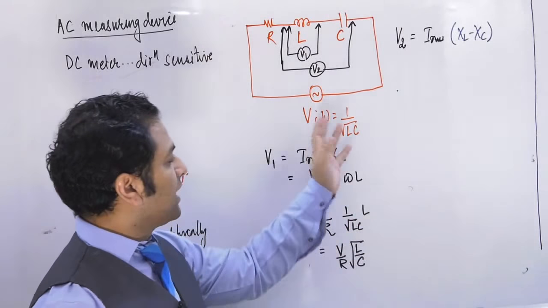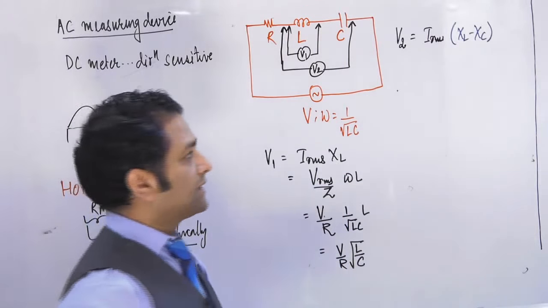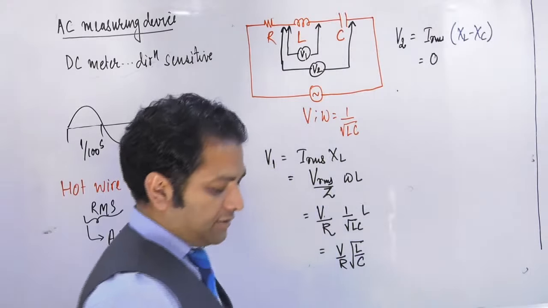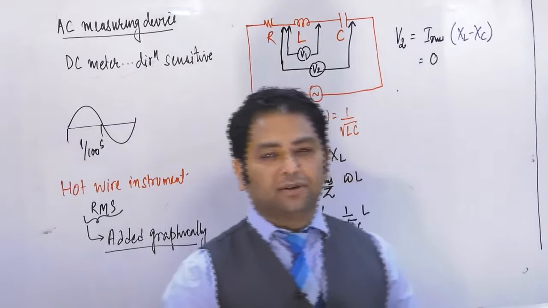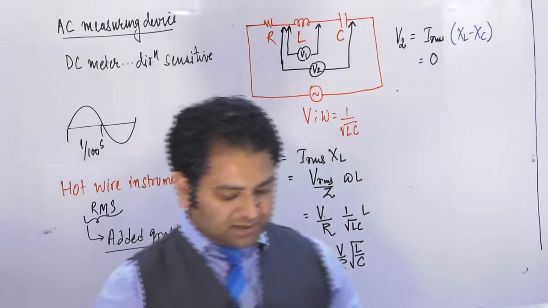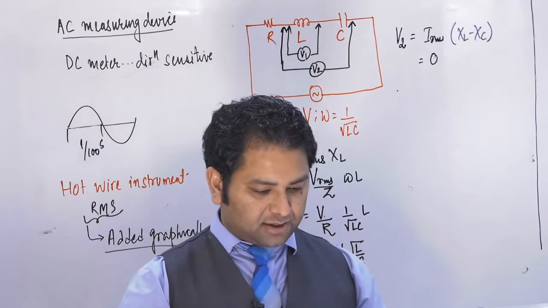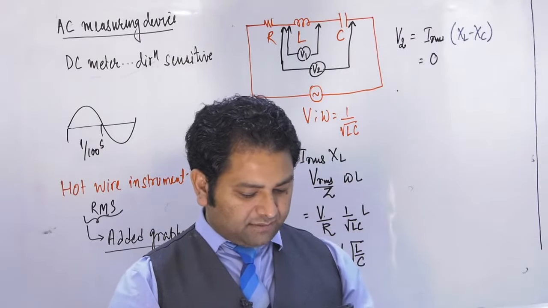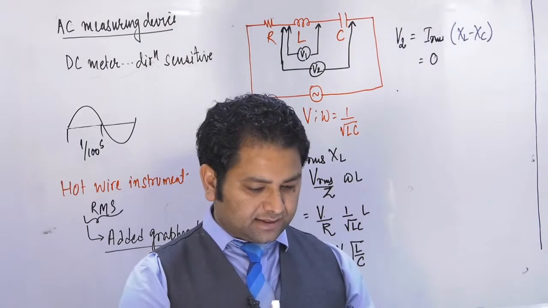And since omega equals 1 by root LC, XL will be equal to XC, so that reading is going to be 0. So you got to be careful when you have an AC voltmeter. So this particular question has lots and lots to teach, so you people have to be careful about that. Deveshwar and Harsh, yes, that is 0.